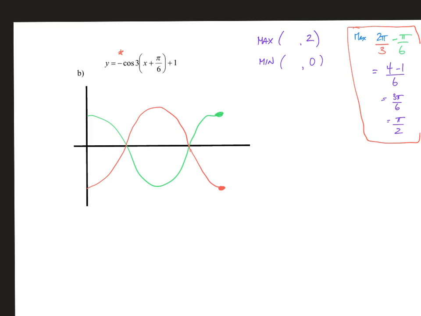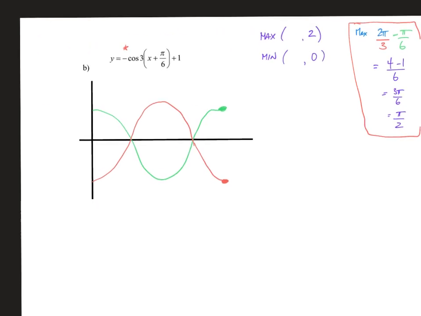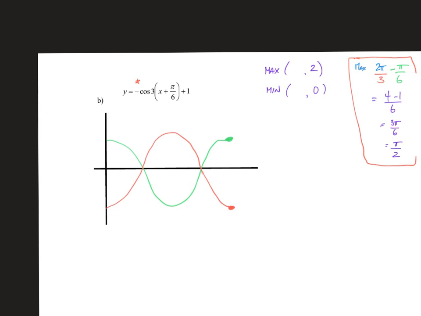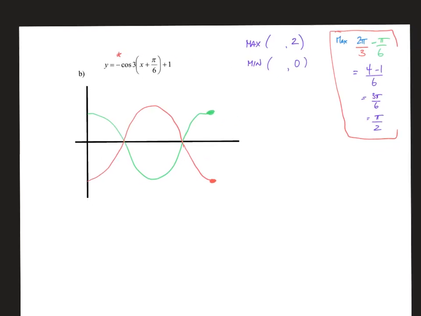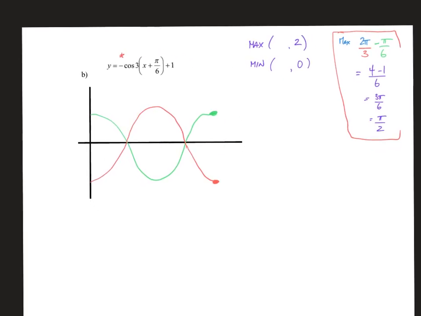I actually found the location of my minimum. Sorry, that jumped on the screen there. When I found that pi by 2, I actually found the x-coordinate of my min. You'll notice that the reflection in the x-axis makes that a bottom on my curve. Now when I do my horizontal stretch by a factor of 1/3, that's what brings me into 2 pi by 3. And then when I shift it to the left pi by 6, that's what brings me in at a value of pi by 2.